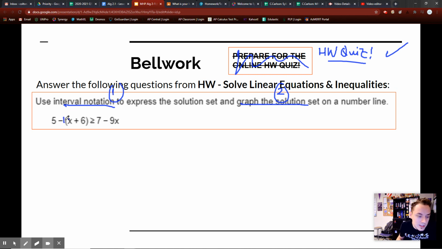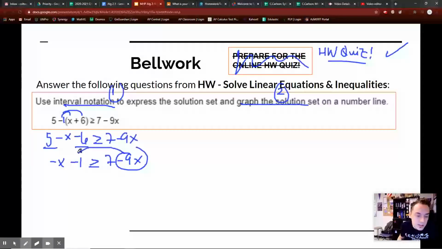Okay, let's solve this. This is an understood one going over here. So 5, minus x minus 6, greater than or equal to 7 minus 9x. All right, we can combine some things over here on the left side. So this is negative x minus 1, greater than or equal to 7 minus 9x. All right, let's start making my x's go over here and my constants go on the other side.